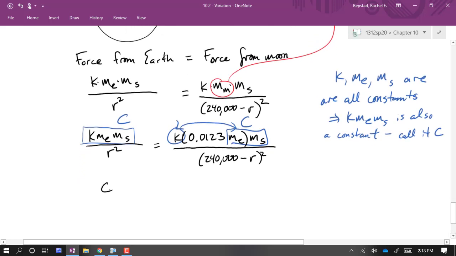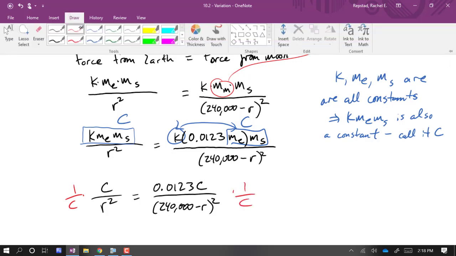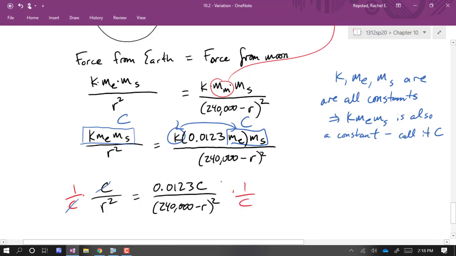So you have some constant c over r squared is equal to 0.0123 times c over 240,000 minus r squared. And now, even better, let's just divide both sides by c, or multiply both sides by 1 over c. We get some canceling here.